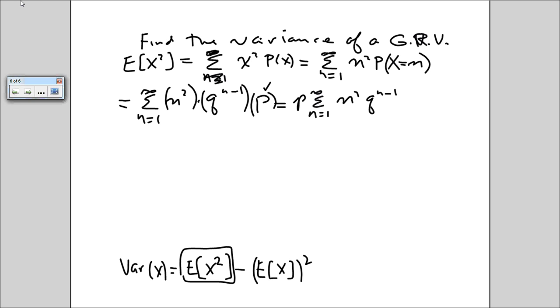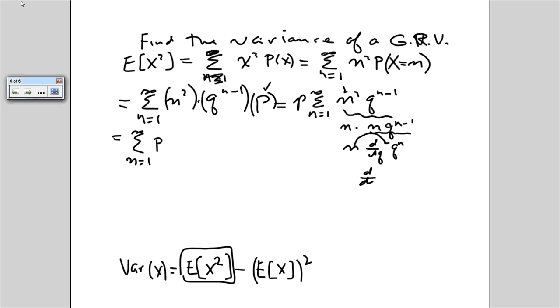Now, let's see what that is. If there was just one n here, this is n times q to the n minus 1. But this here is the derivative of q to the n. And you can always put the constant in.